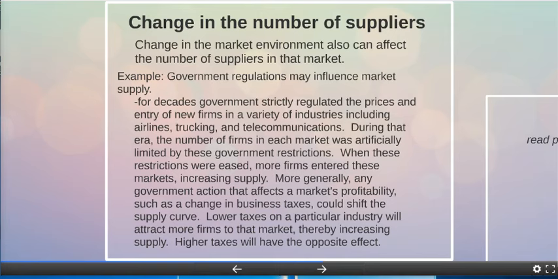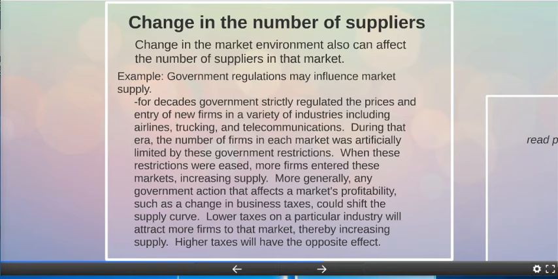As a case in point, for decades, governments strictly regulated the prices and entry of new firms in a variety of industries, including airlines, trucking, and telecommunications. During that time, the number of firms in each market was artificially limited by these government restrictions. When these restrictions were eased, more firms entered these markets, increasing supply.